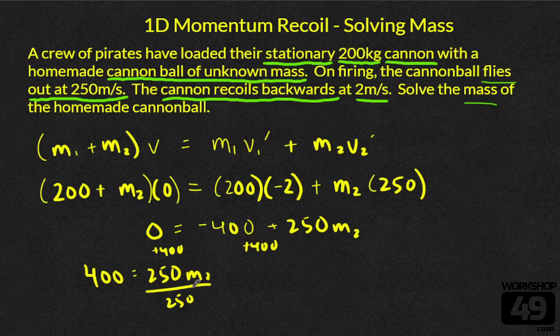Divided by 250 on both sides, you get the mass of the cannonball is equal to 1.6 kilograms. If you somehow got a negative number, you would know that you filled something in incorrectly because we cannot have negative masses. I hope that this was helpful for you.